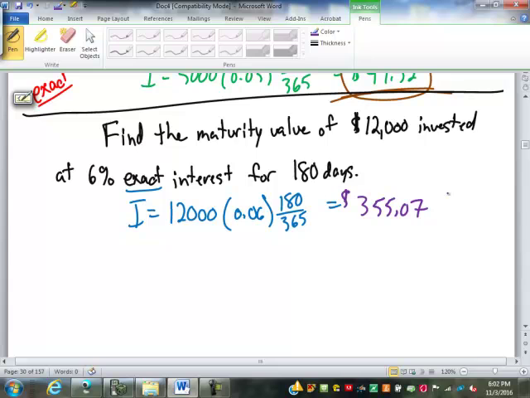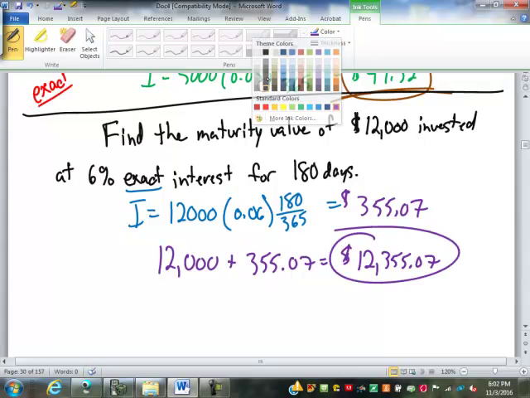Okay. $355.07. So that's 12,000 plus 355.07, $12,355.07. Not so bad.